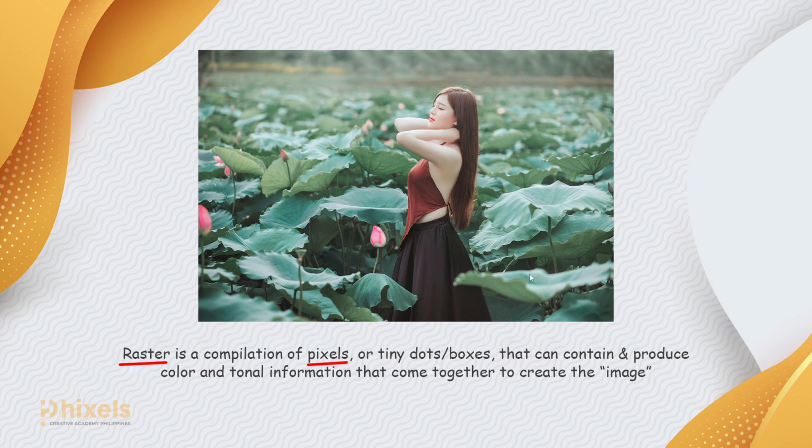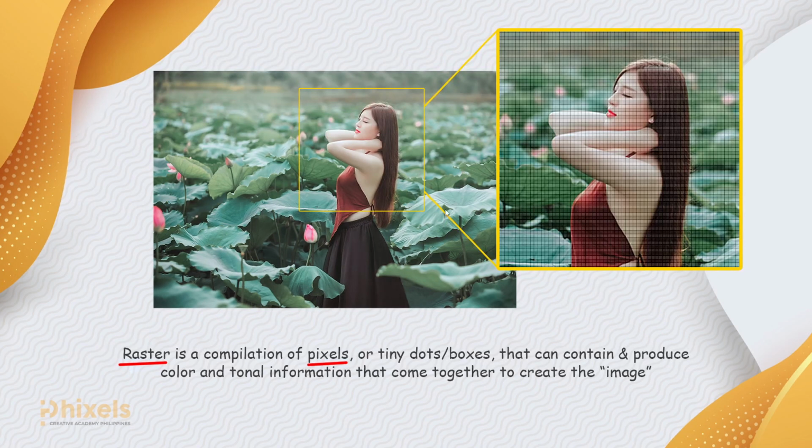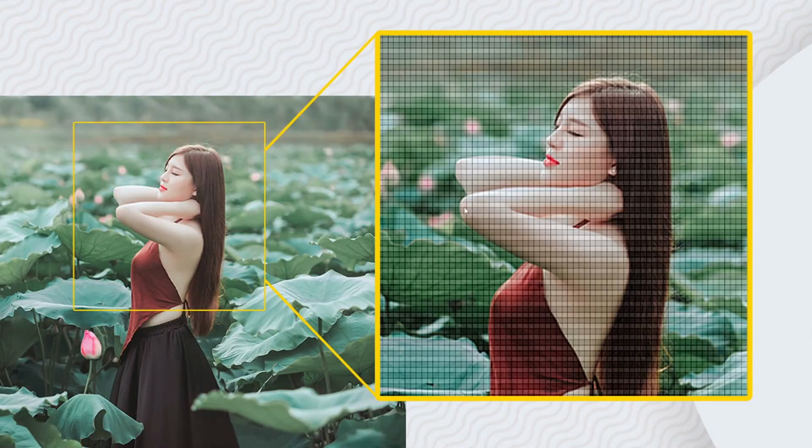So in this visual aid, guys, meron tayong photo of a girl in the middle of a pond ba to? Na may mga lotus flower or what? Lotus flower ba to? Alright? Now, if we zoom in, if we open this image sa Photoshop and mag-zoom in tayo ng sobrang-sobra, then we will start to see those boxes or what we call pixels.